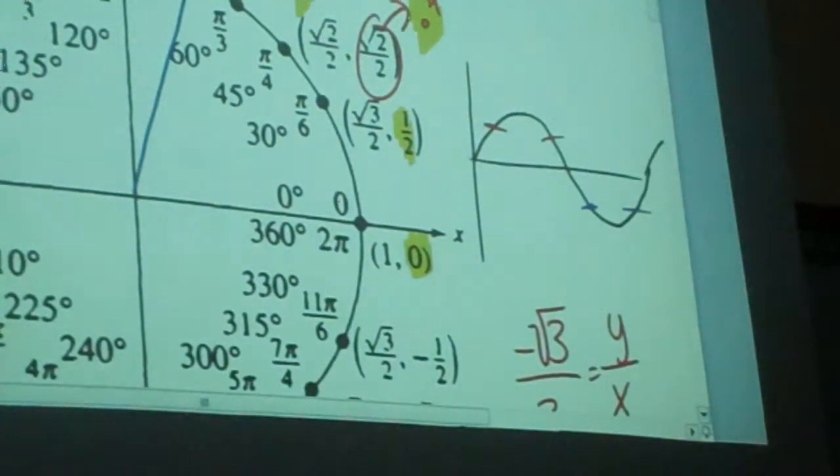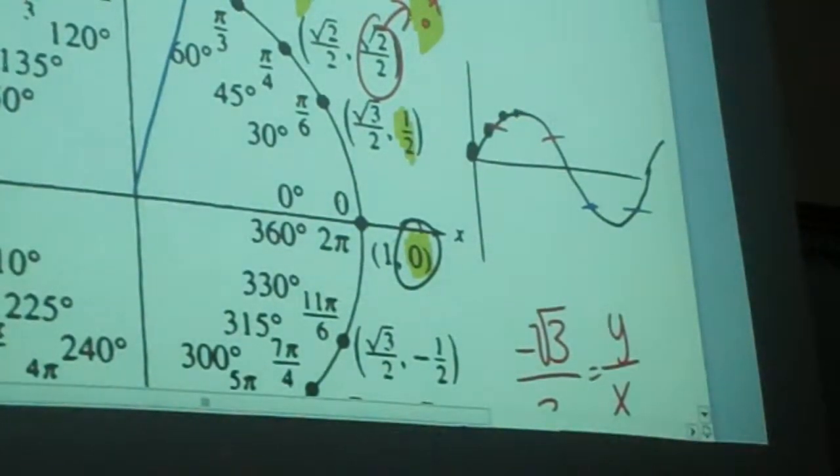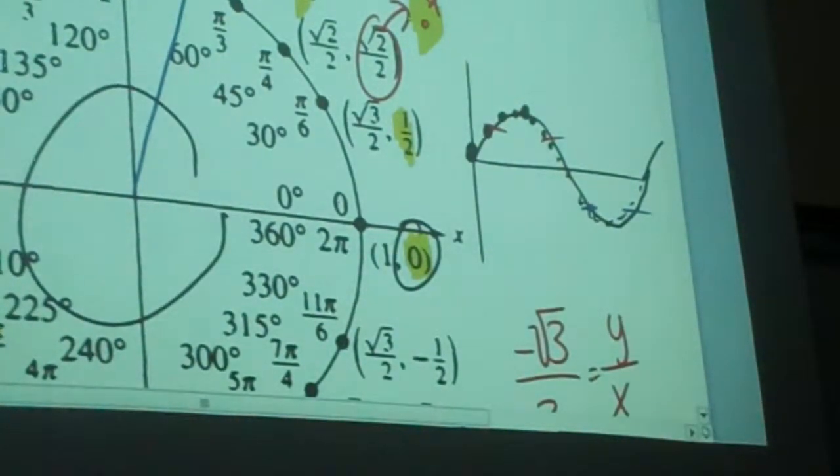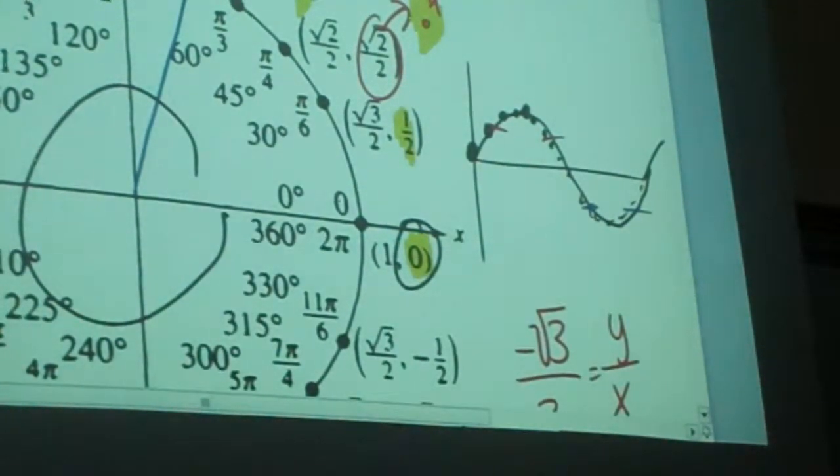I start out at 0 right here, and then I go to half, and then I go to 0.7, 0.8, 0.9, and then I go to 1. But when I get to 1, what starts happening? It starts back down. And then it goes to the negatives, but then when you get back up to 0, you've gone around the circle once, and so it starts repeating again.